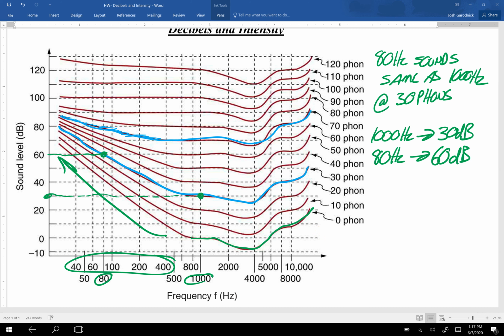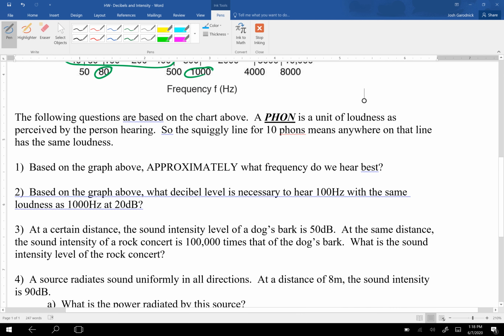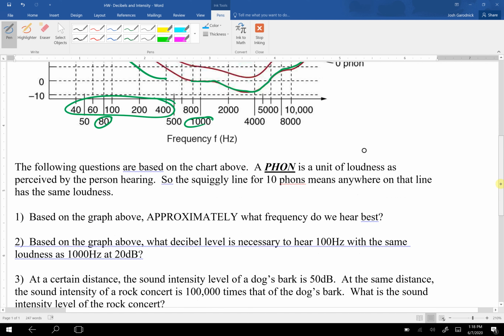So we have to figure out how much more power was required to hear this 80 hertz at 60 decibels than 1,000 hertz at 30 decibels. The difference in decibel level between the 80 hertz and the 1,000 hertz is 30. So how much more power is required for this? Let's find out.